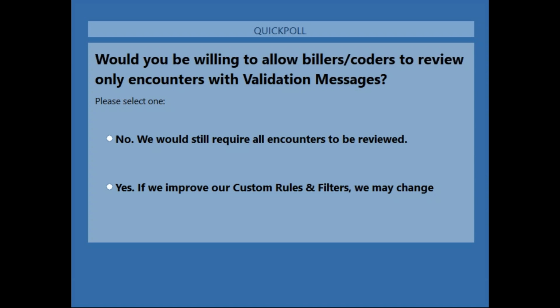So for those of you who are already doing this, obviously you are open to that. But for those of you who aren't, would you be interested in at least thinking about, if we got our custom rules, if we got our smart filters working the right way, would you be willing to do that? Again, we're happy to help with that. We think that's a great thing that you can do for your process.